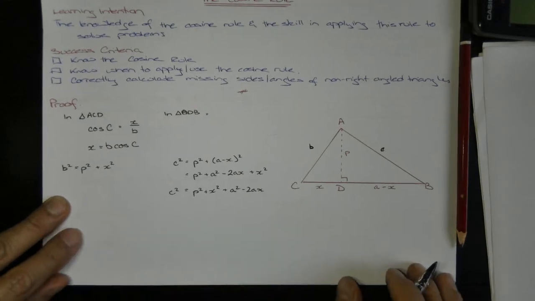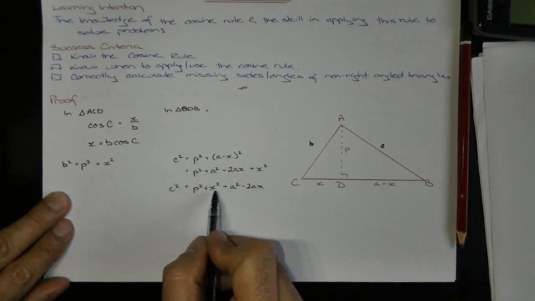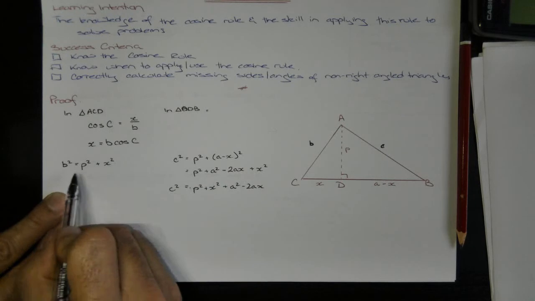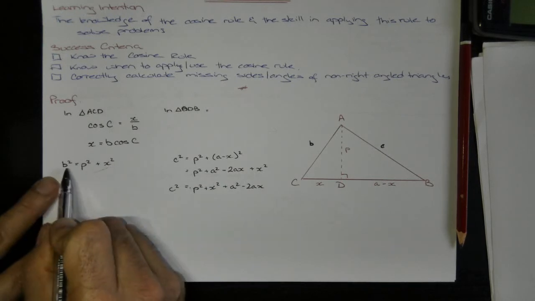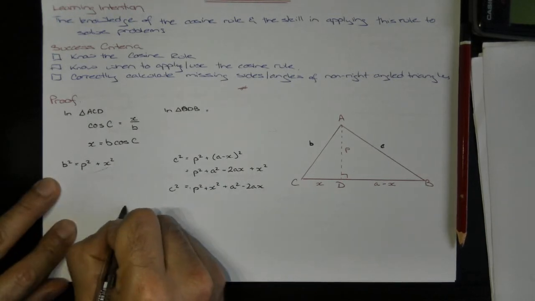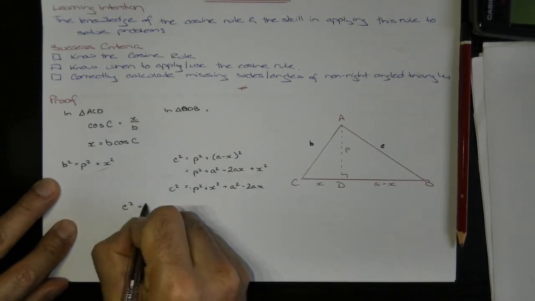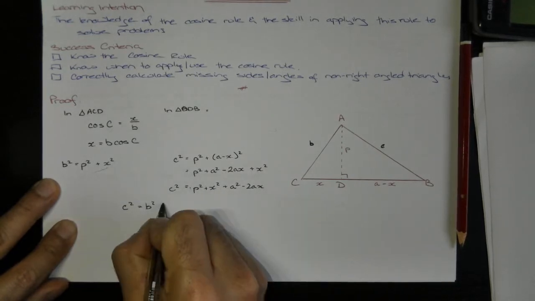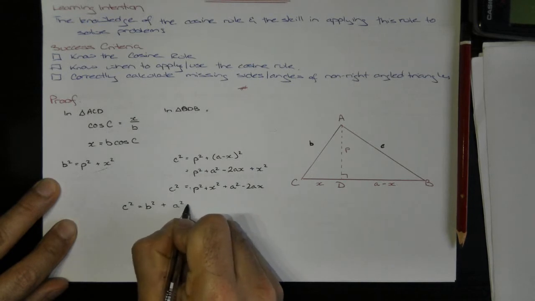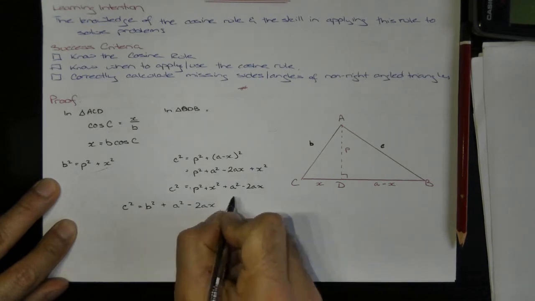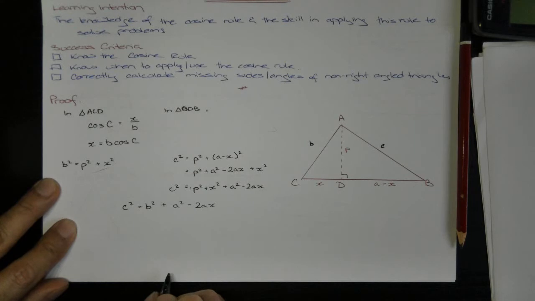The reason why I've moved that is because p squared plus x squared I've seen before, over here, and that's technically b squared. So instead of writing p squared plus x squared, I'm going to write b squared, then a squared minus 2ax, just whatever's left. We're nearly there.